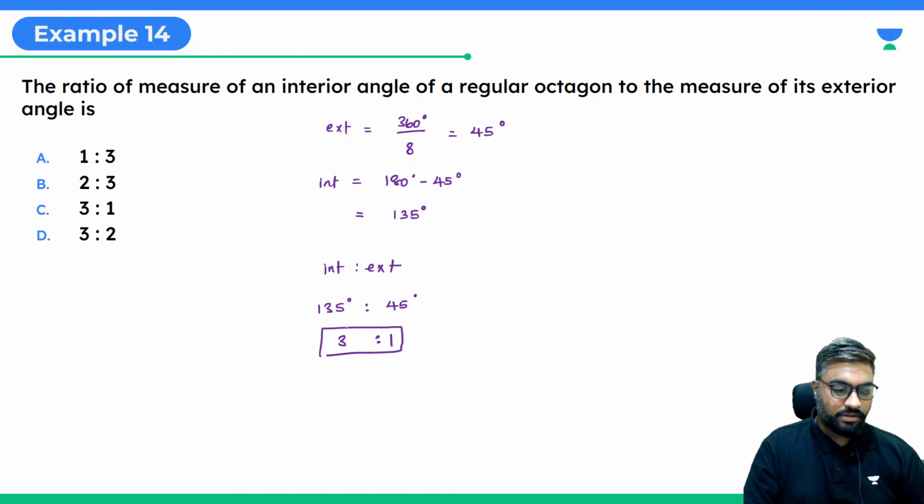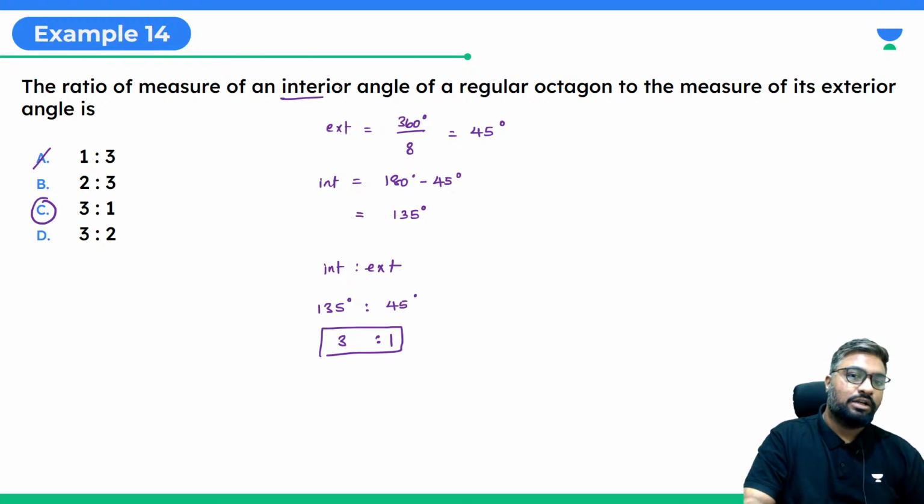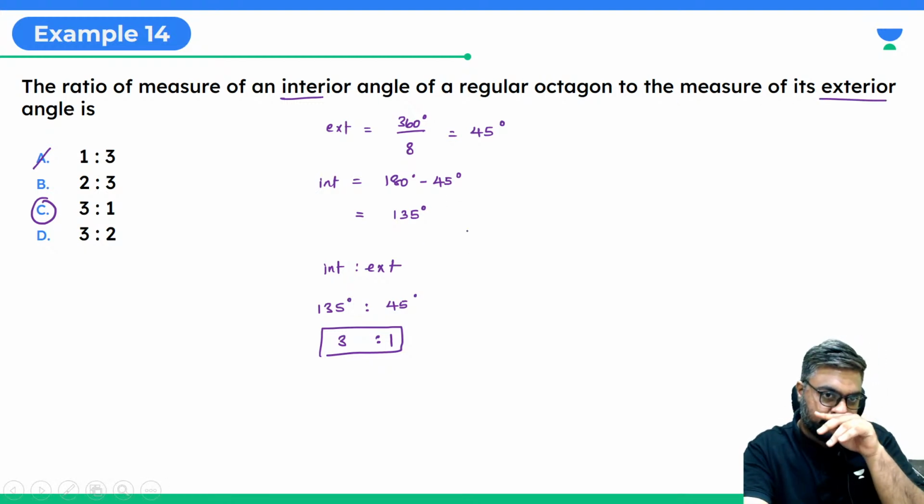Beautiful, superb. Pragya, Dinesh, C is correct. Riya, please check. 1:3 नहीं, 3:1 होगा. Interior to exterior. Exterior to interior 1:3 है, ठीक है?